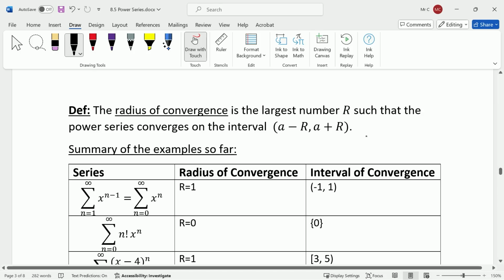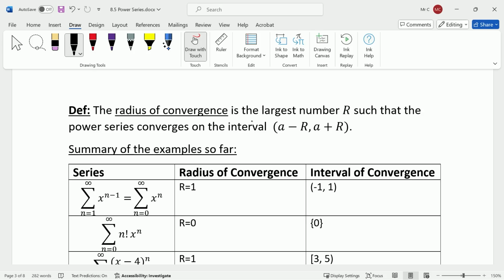So one little addition, the radius of convergence, so a little definition, the radius of convergence is the largest number r such that the power series converges on the interval a minus r to a plus r. R is also the number when you get the absolute value of x minus a is less than r. When you get to that expression, r is that radius.